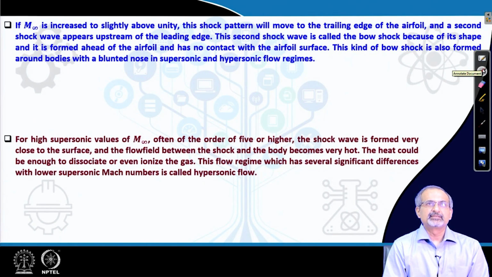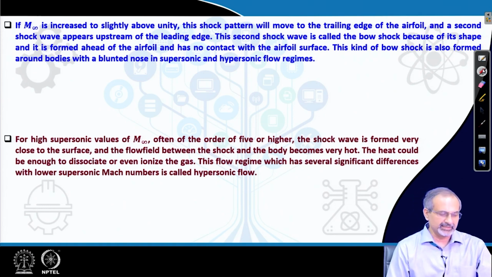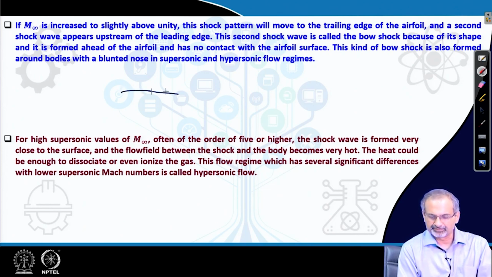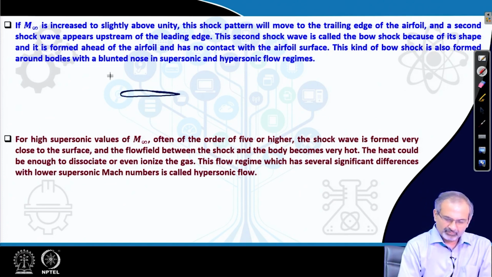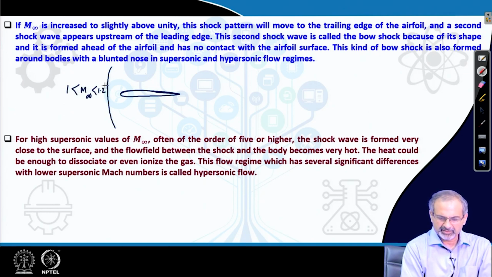If M infinity is increased to slightly above unity, this shock pattern will move to the trailing edge of the airfoil, and a second shock wave appears upstream of the leading edge. So, let us make a sketch to explain. So, this is your airfoil. Let us say your free stream Mach number is in this range. There is a detached bow shock, a subsonic pocket produced here.